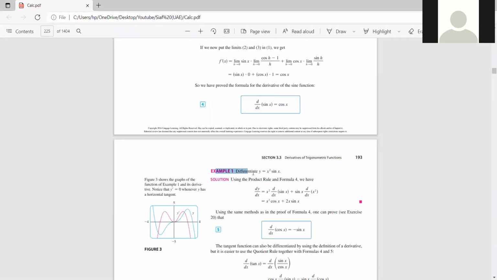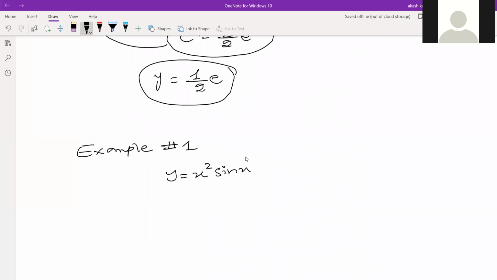And now we are going to differentiate y equals x square sine x. Can you tell me which formula we'll be using for these two functions? The multiplication formula. Yes, the product rule.